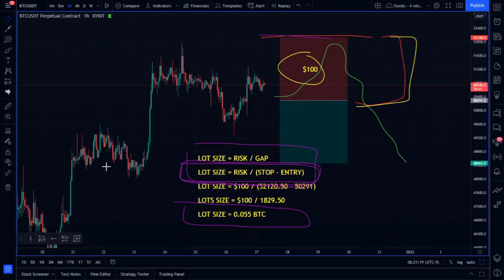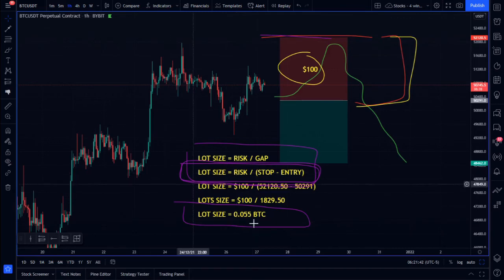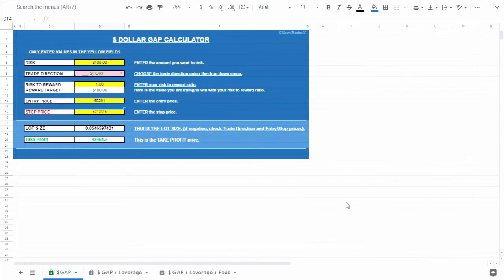Alright, there we go. So it's going to tell you the lot size, 0.0546. Now, if we round this up to 3 decimals, it's 0.055. Exactly what we got here, 0.055. Yep, cool. So that's the calculator.